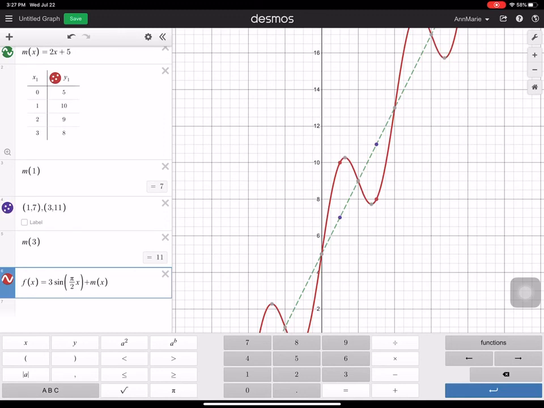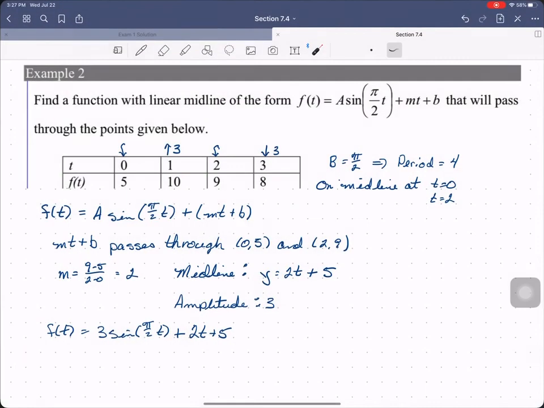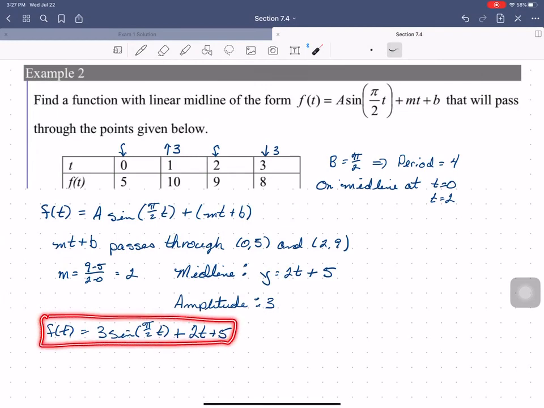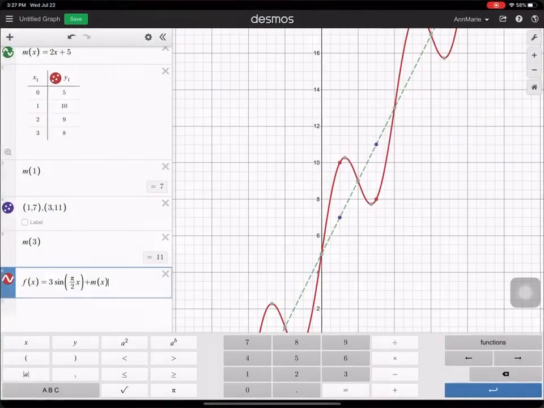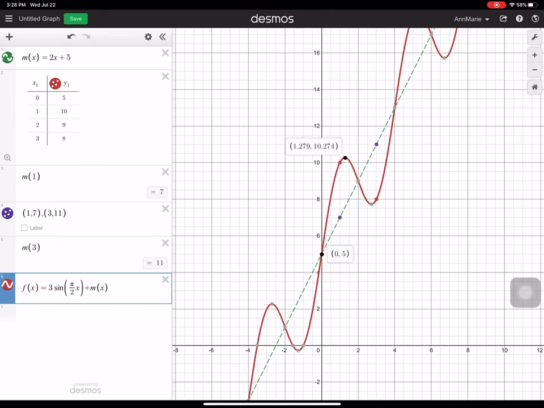Now, when you're giving this as an answer, I did that for a reason. We'll talk about that in a second. This would be what you would put into my open math. I wanted to, on Desmos here, illustrate to you that the thing that is added on the back of my function is the equation of the midline. And that hit all of the points that were in my table, right?